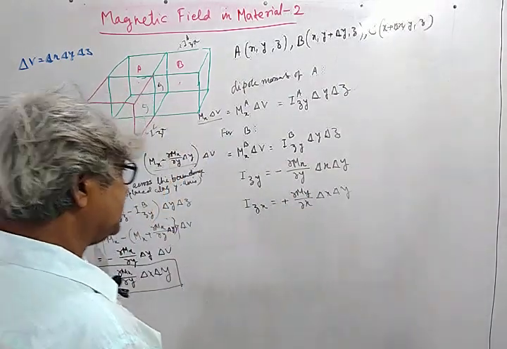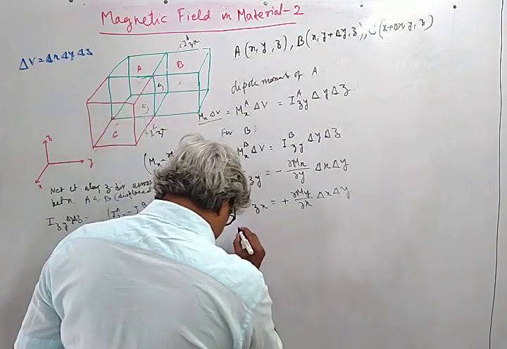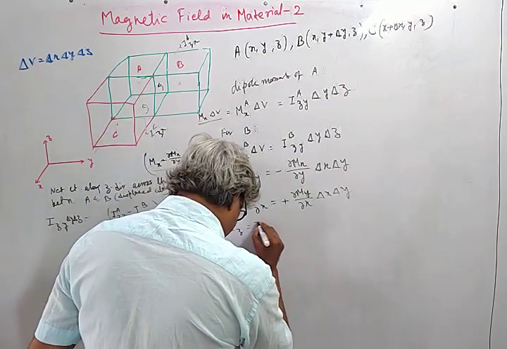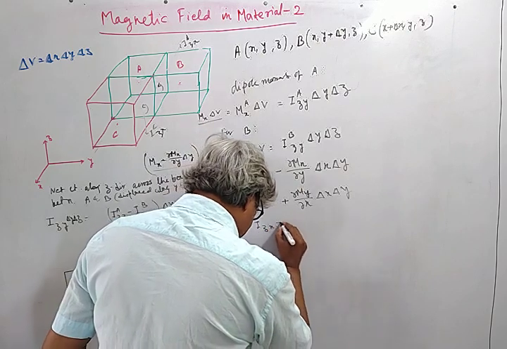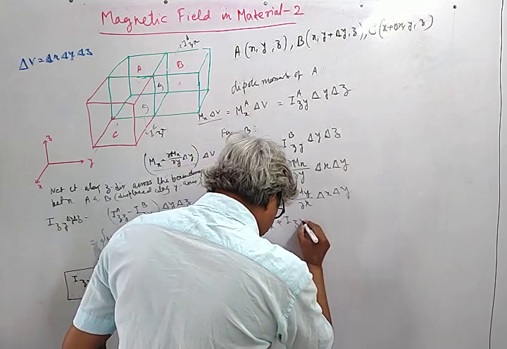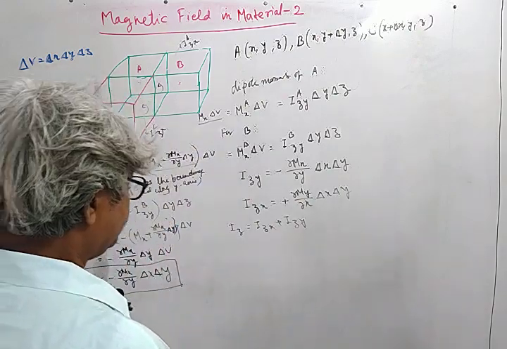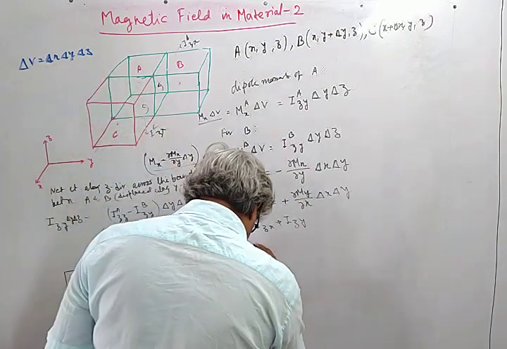So the net current along the z direction, I_z, is I_zx plus I_zy.